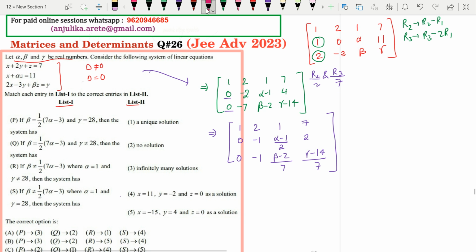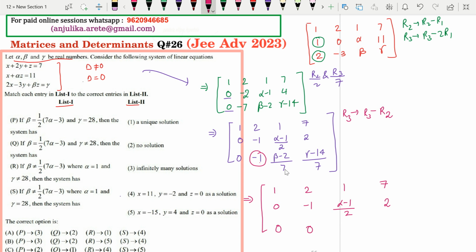Now I want this to be 0. Why? Because in the third equation I want to eliminate even the coefficient of y. X already is 0. For that you just do R3 minus R2, taking help of R2. Minus 1 minus of minus 1, that's 0.